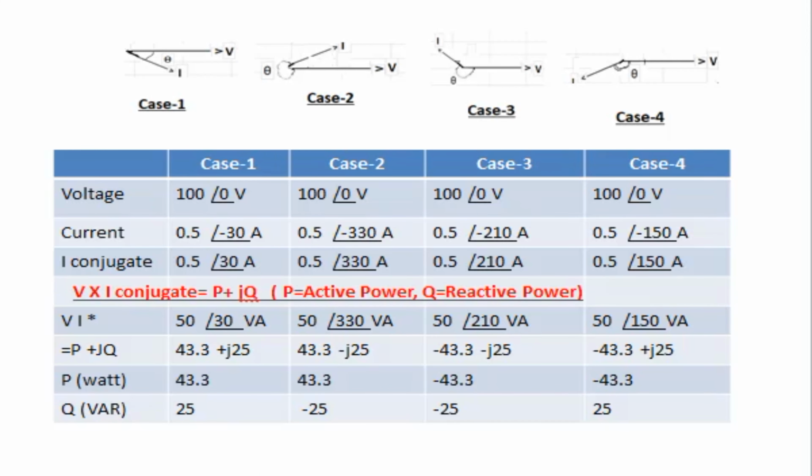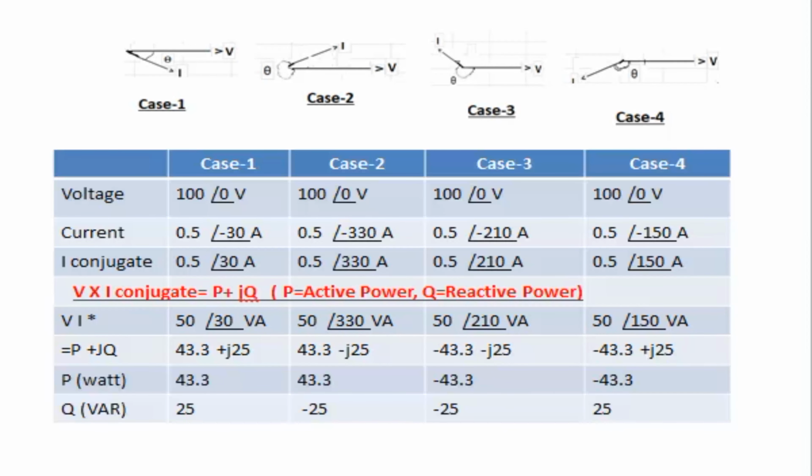Now if we convert this to rectangular form, V I conjugate is equal to P plus jQ. First case is 43.3 plus j25. Second case is 43.3 minus j25. Third case is minus 43.3 minus j25. Fourth case is minus 43.3 plus j25.